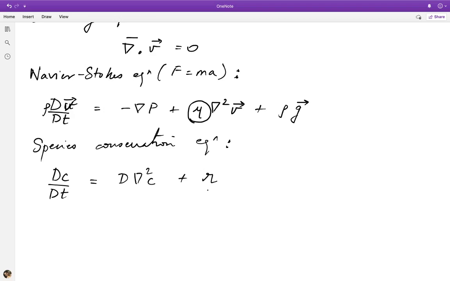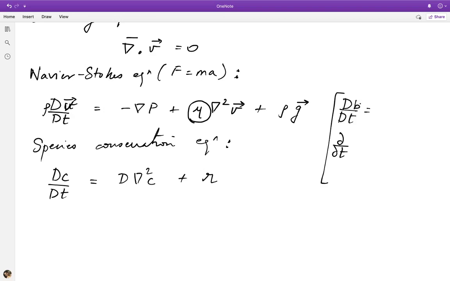So here we have the species conservation equation, where you have convective effects sitting here. Let me write down what this is, though I'm sure you would have seen it. So the material derivative, or the derivative as you move along with the fluid, is, let's say, for some scalar quantity b.